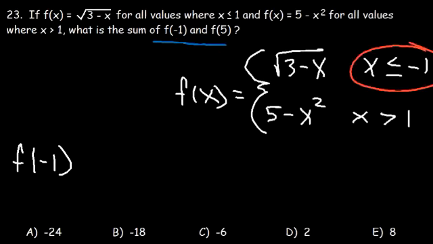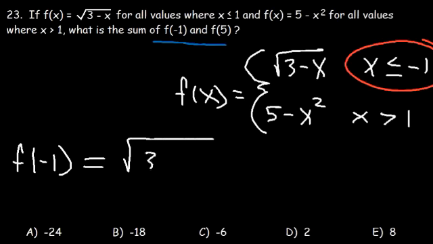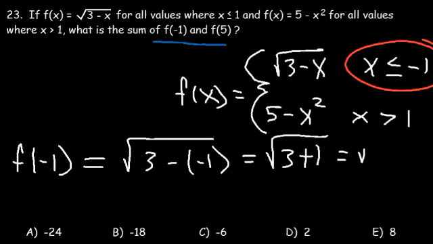In this interval or in this interval? We know that it has to be true for the first one because x is less than or equal to 1. So let's plug in negative 1 into the first equation. So it's 3 minus negative 1, which is the same as 3 plus 1, and that's 4, and the square root of 4 is equal to 2.